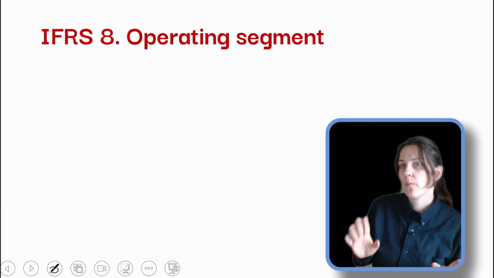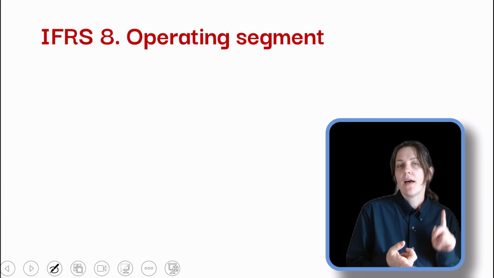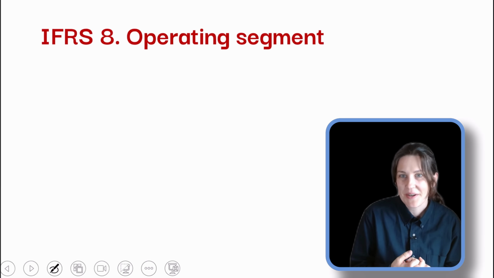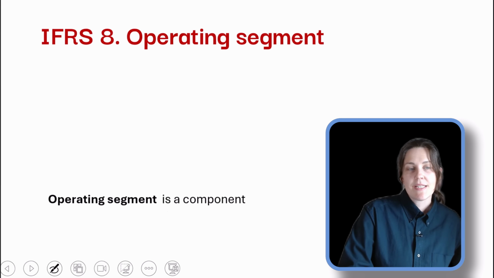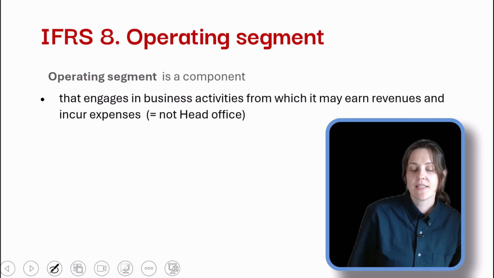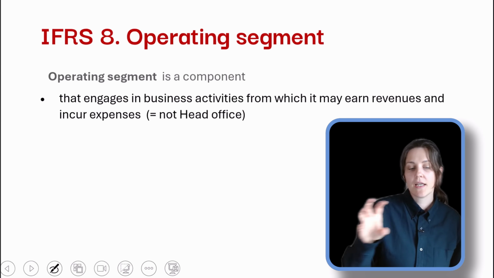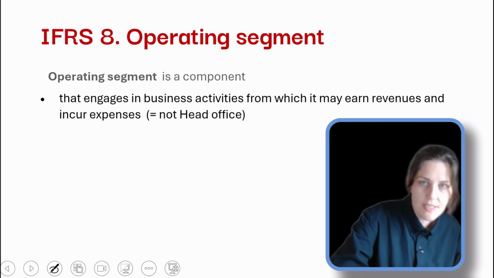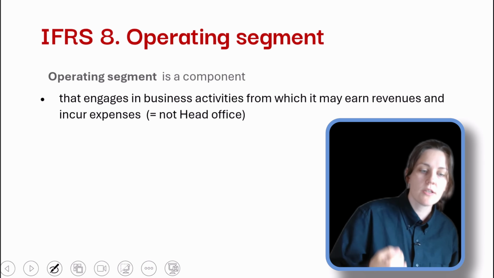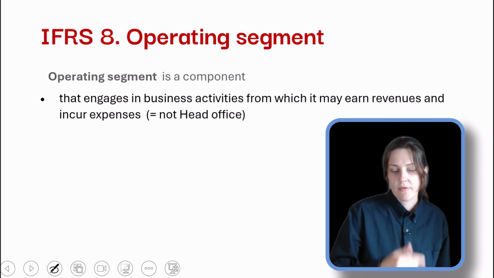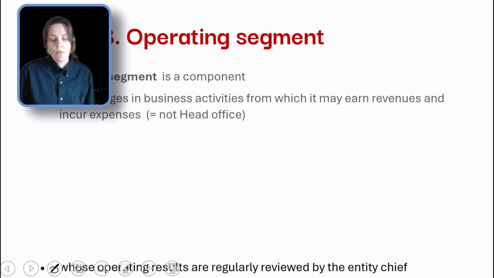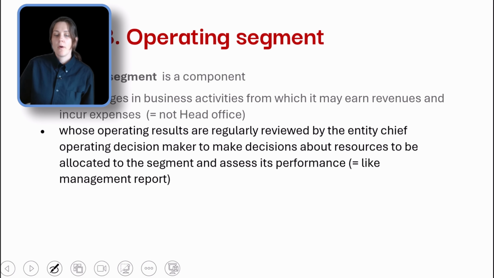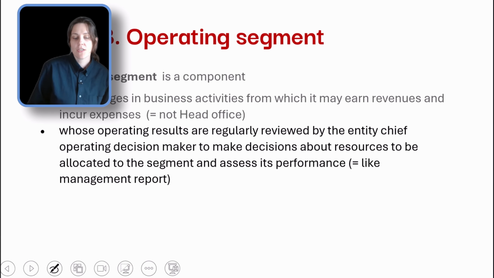So it is important to remember. Then, IFRS 8 operating segment. Many people ignore it, but IFRS 8 is tested very, very frequently. An operating segment is a component that engages in business activities from which it may earn revenues and incur expenses. This means it's not head office, because head office does not earn revenue, so it is not an operating segment. Its operating results are regularly reviewed by the entity's chief operating decision maker to make decisions about resources to be allocated to the segment and assess its performance.